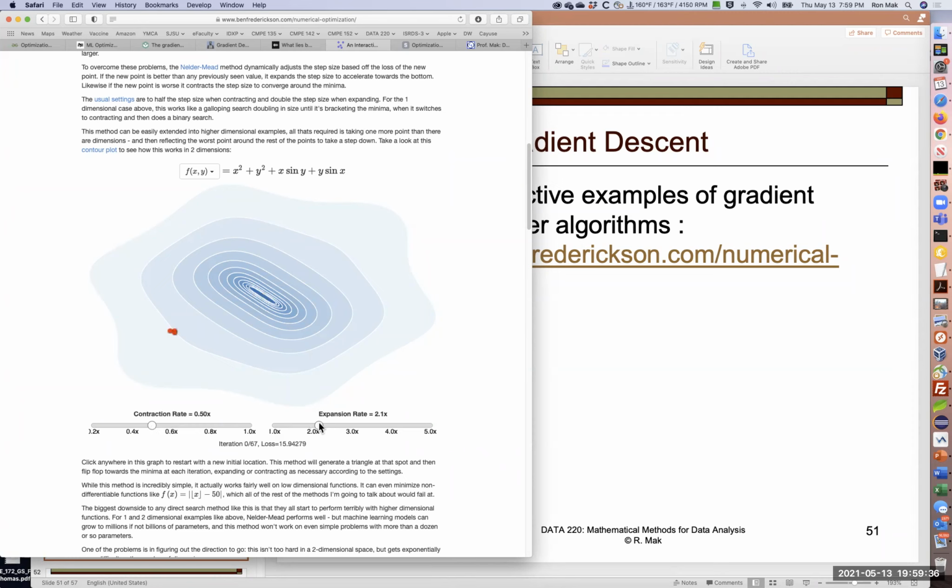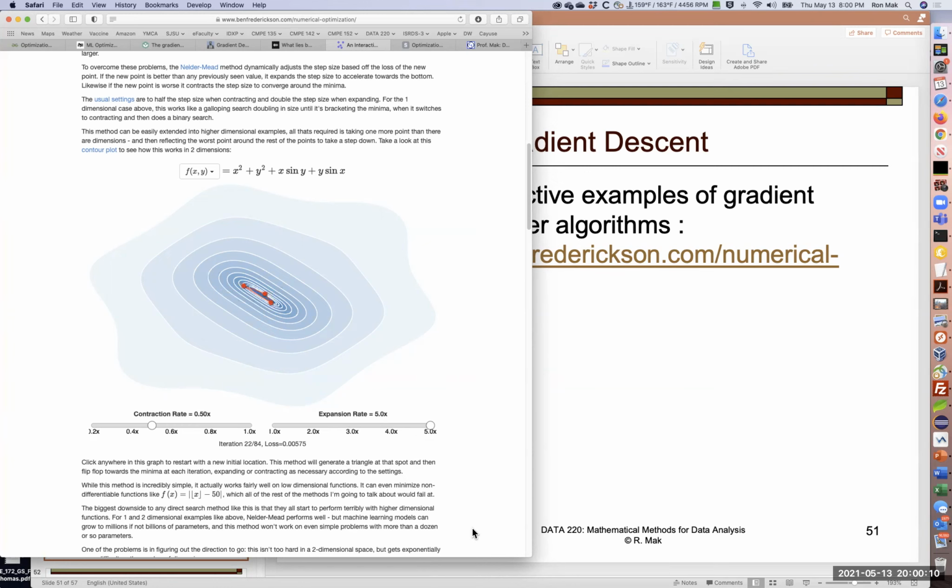So let's go nuts here. Now the problem with a very high expansion rate is that you can overshoot your goal and not find it. Let's see if I can force that to happen. This is crazy here. It starts changing direction pretty quickly, and oh, look at it go.